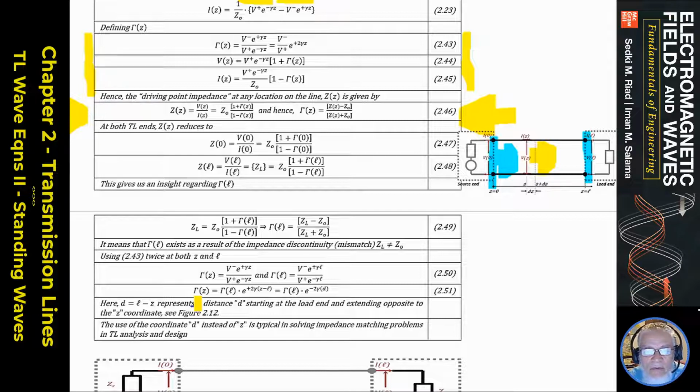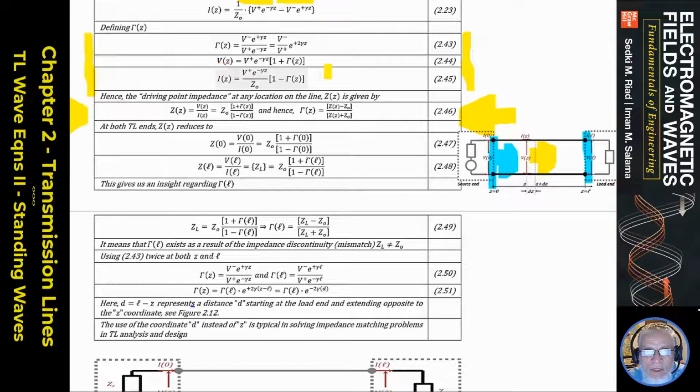So we have a full solution now. Let's go over this again. I gave you R, L, G, and C, so you know the line's gamma and Z naught. I give you Z sub L, so you know the reflection coefficient here. If I give you Z sub L, you can get me gamma sub L. If you know gamma sub L, I can get you gamma of z.